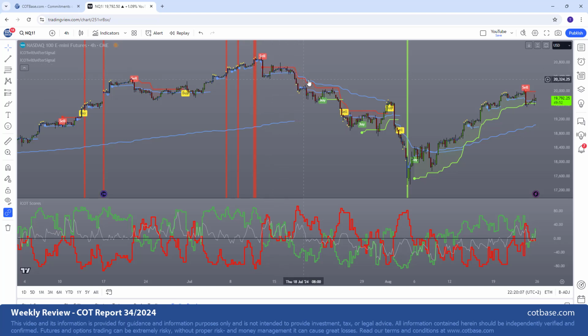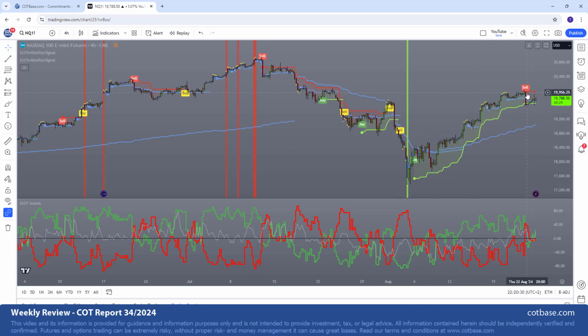And you can see this red stop line helping us catch quite a bit of the move in this fall in the Nasdaq. And then I'd say a beautiful buy signal over here, early part of August, and we're still in that buy territory right now.